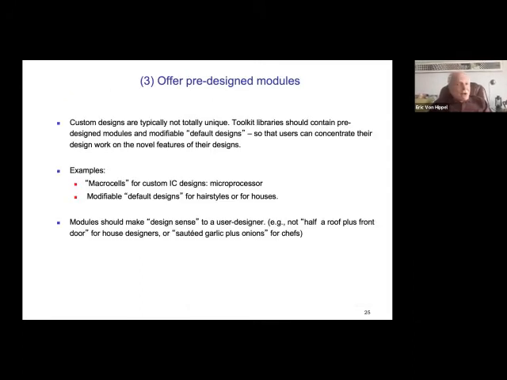Okay, now, next thing you do is you offer pre-designed modules, because custom designs are typically not totally unique. So what you really want is modules and modifiable default designs so that users can design something that works for themselves. They don't have to stick to that list of things, but it's a convenience for them if you offer it.